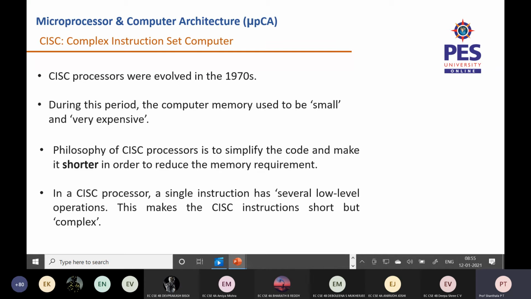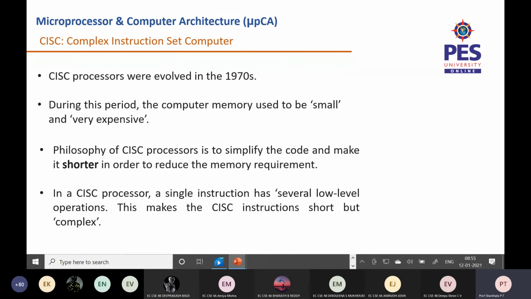The philosophy of the CISC processor is to simplify the code and make it shorter in order to reduce the memory requirement. So they try to accommodate almost all the steps in a single instruction instead of writing 3 steps. So it is checking how it can reduce to a single instruction.